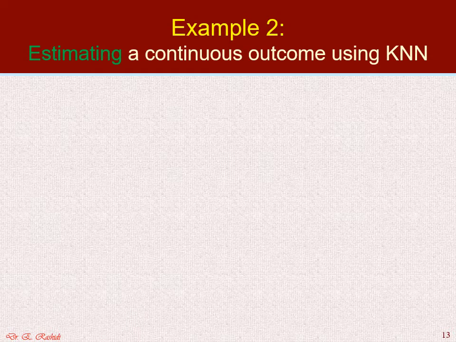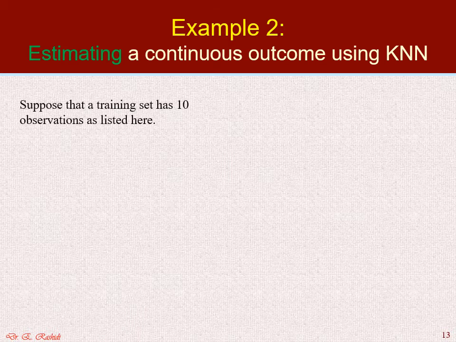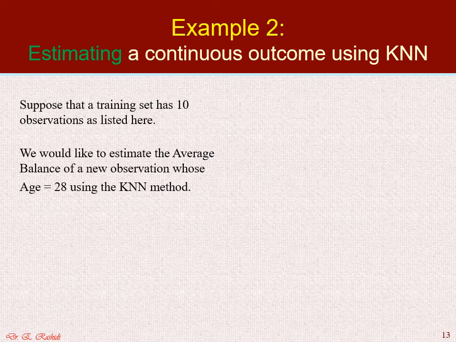Now let's see an example of application of KNN in estimating a continuous outcome. This is called regression. So we want to use KNN for a regression estimation. Suppose that we have the same data that we had previously. So we have 10 observations with their average balance and with their age.